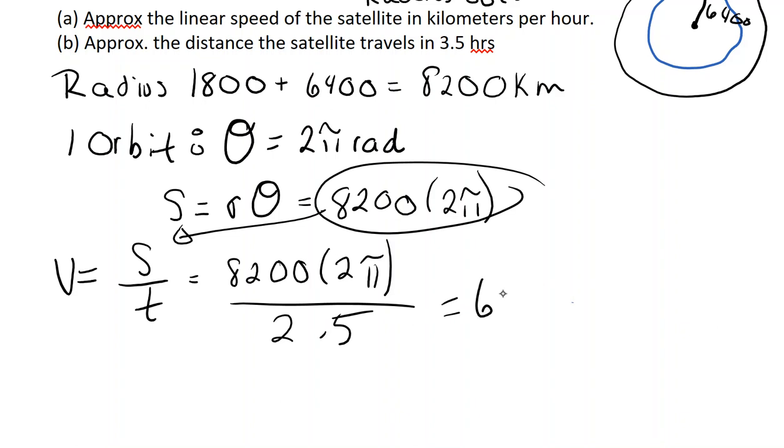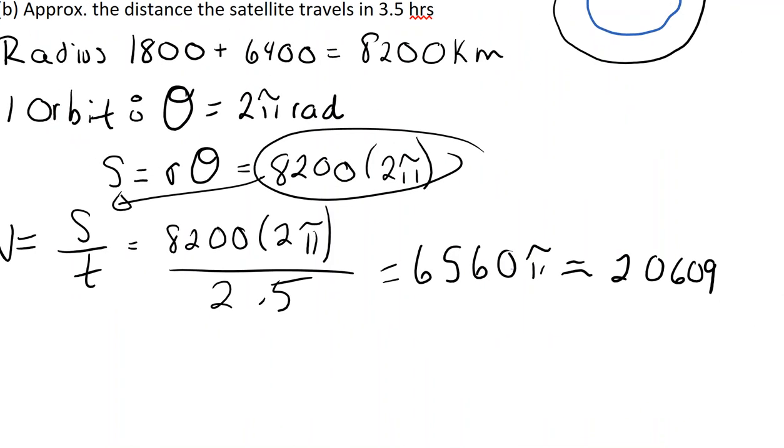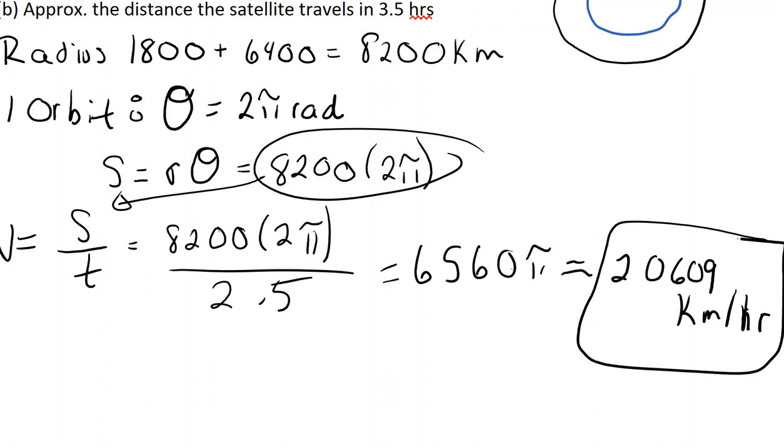That gives us 6,560 pi, which is approximately 20,609. And that's kilometers per hour. So that's the linear speed that the satellite's taking.